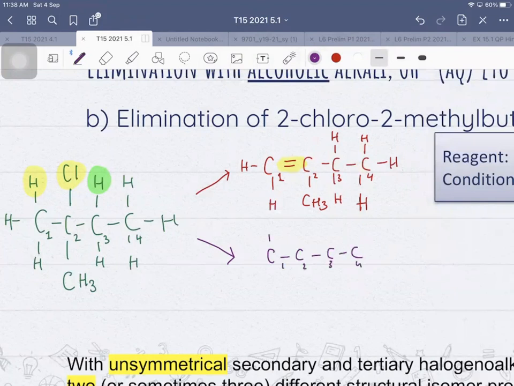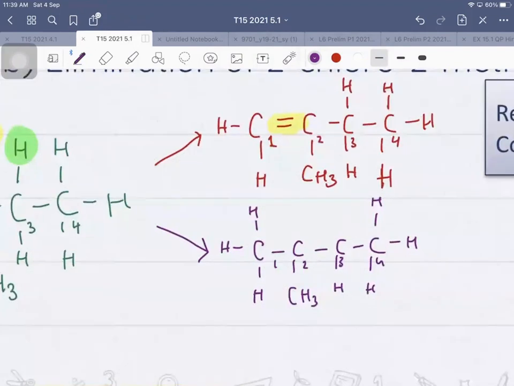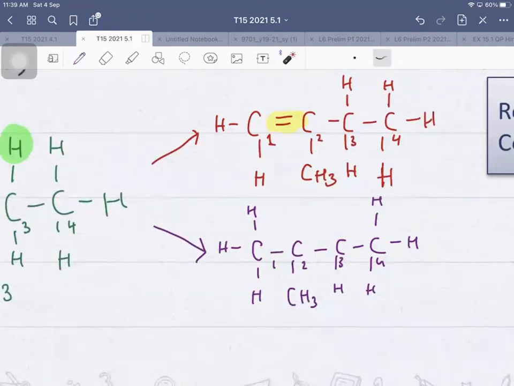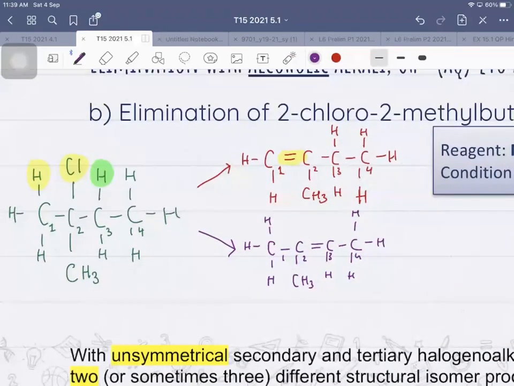Okay, so carbon 1 stays unchanged. Carbon 2, I have lost the chlorine. Carbon 3, I have lost 1 hydrogen. Carbon 4 stays unchanged. So you can see that I've lost the bonds here. My double bond has to be formed between carbon 2 and carbon 3. And are they different? Yes, they are different because the position of the double bond is different.